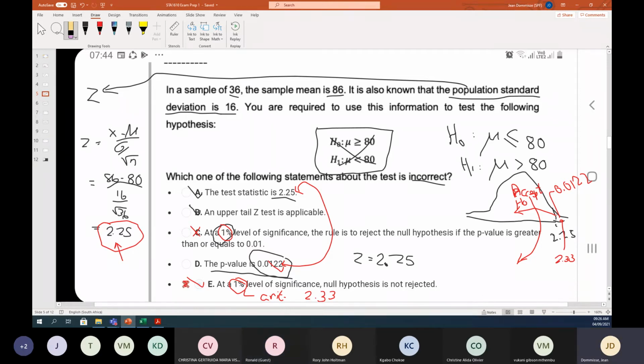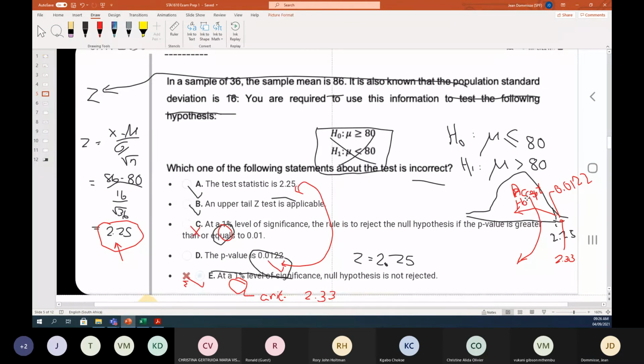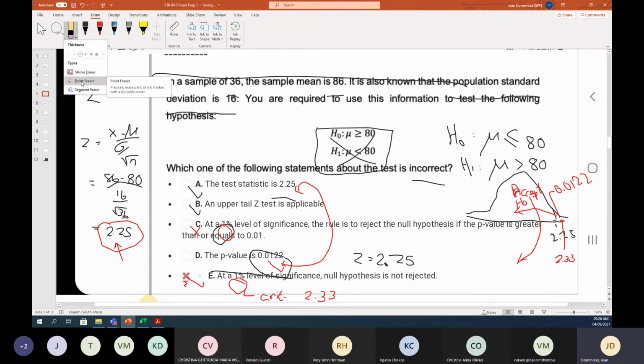So you're rejecting. Let me quickly, so if your test value, and let's write that a bit bigger. Where's the eraser? That's not cool. I just want to write it over again.